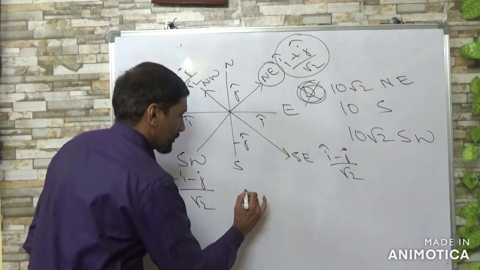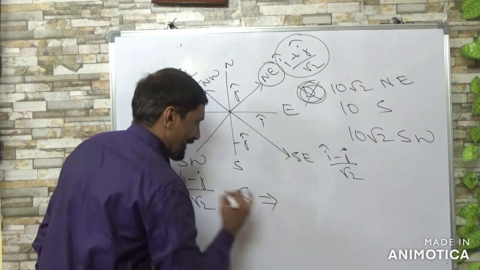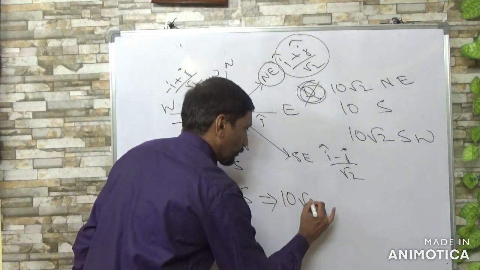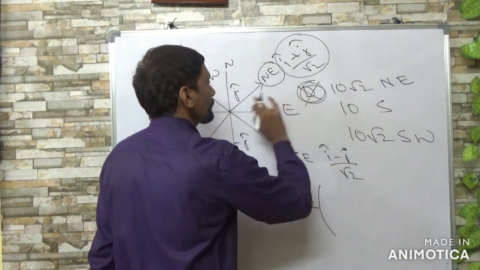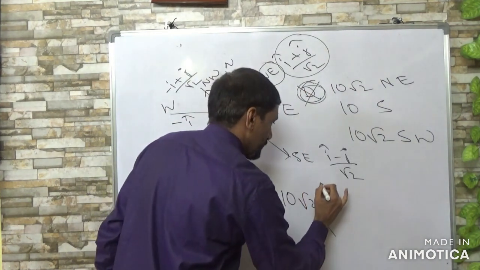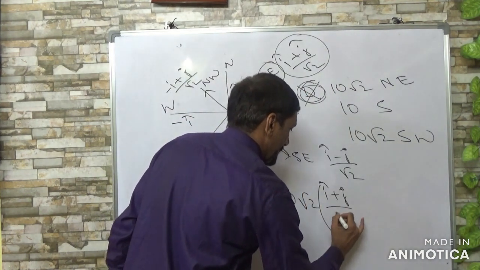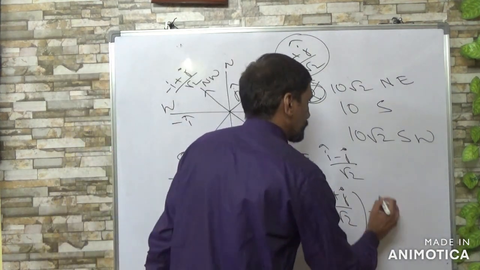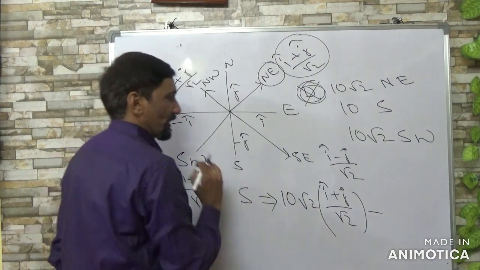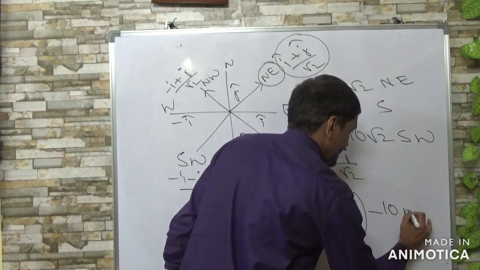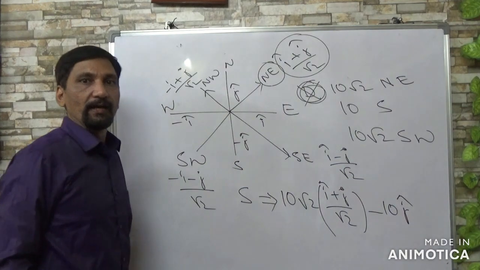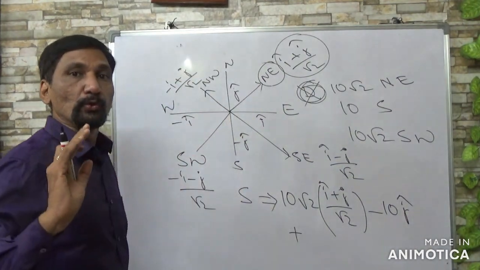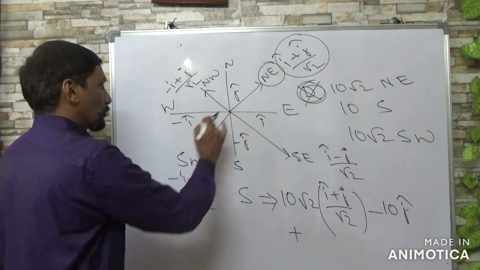So the resultant displacement is equal to 10 root 2 into i plus j by root 2, plus the south side, so minus 10 j, plus 10 root 2 units towards southwest.